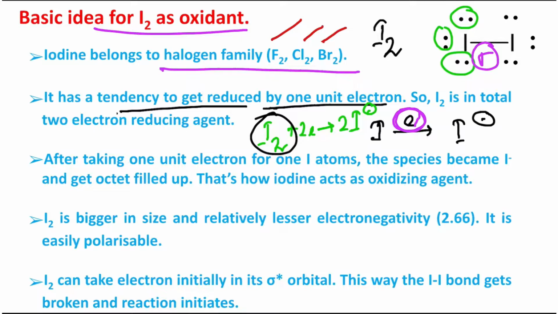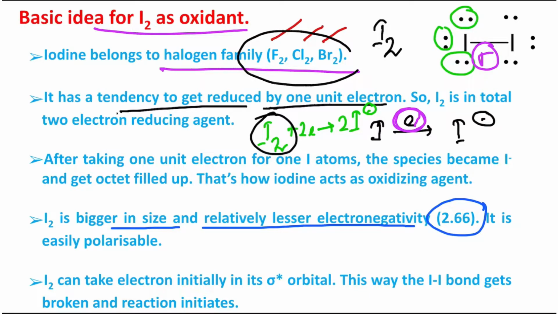Now, not only that, iodine is actually bigger in size, and its electronegativity is relatively lesser, although the 2.66 value looks significantly high. But if you compare with other halogens like fluorine, chlorine, and bromine, this is the lowest.